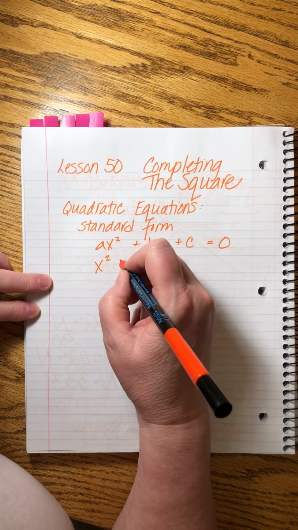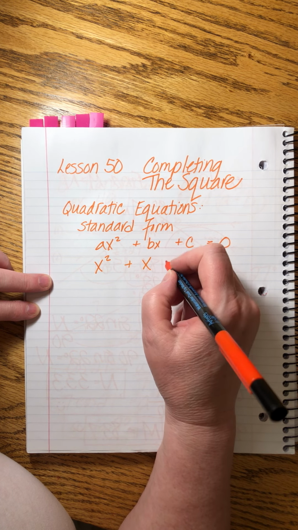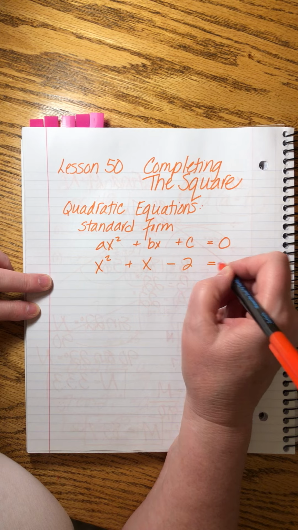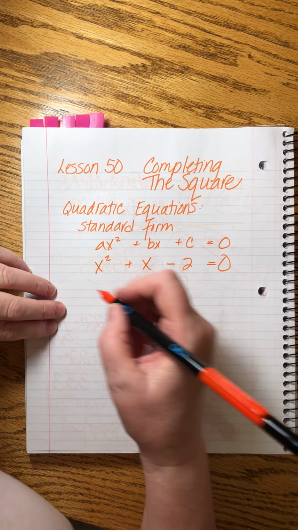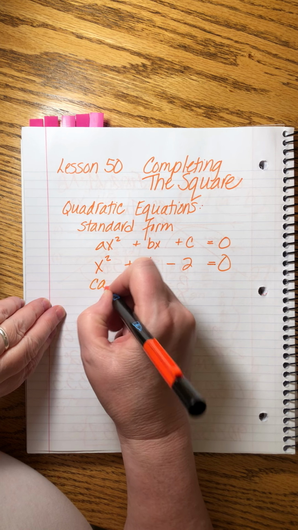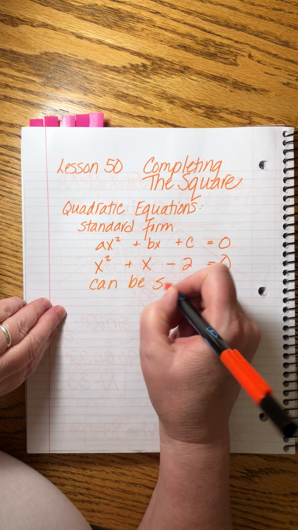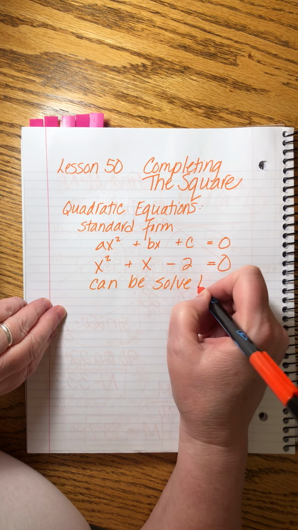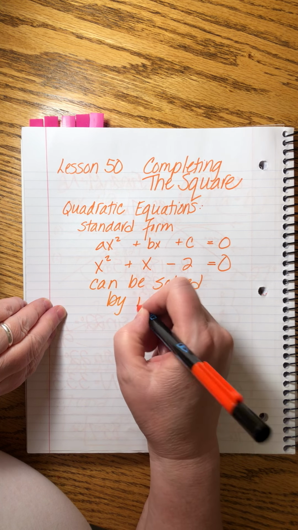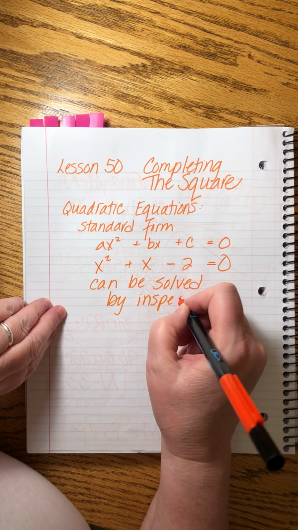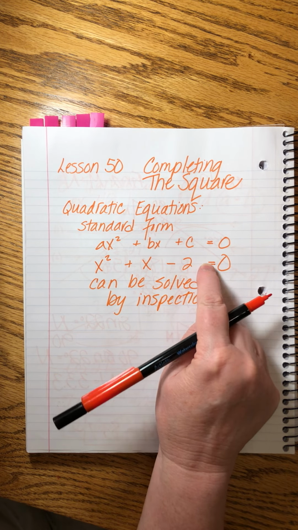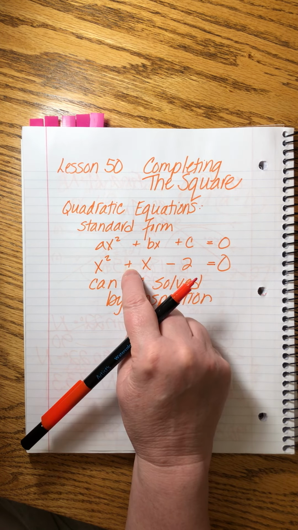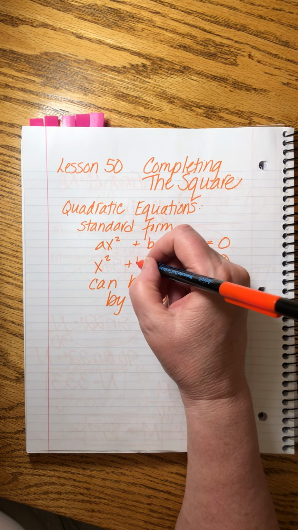Here's a specific quadratic equation. And I'm going to solve this by the one way we have learned so far. This one can be solved by inspection, we say. And you know how to do this. We look at it and we go, okay, what are two numbers that multiply to this and add to this? We don't see a number there, so I just squeeze in the 1.